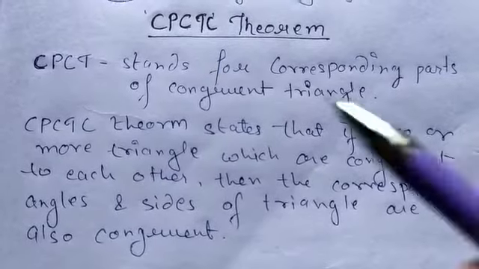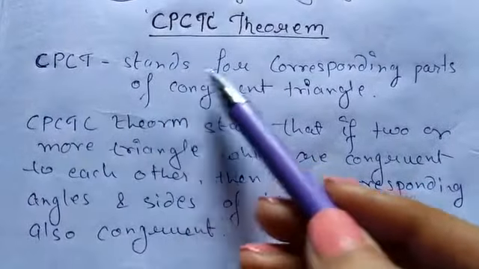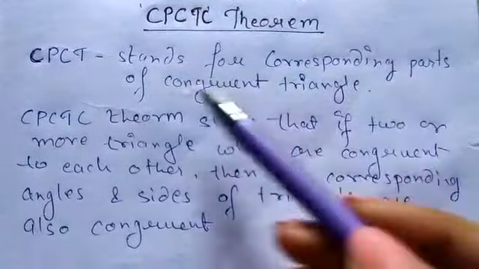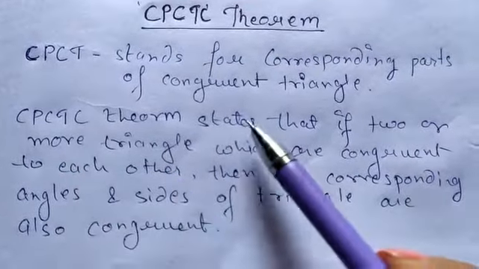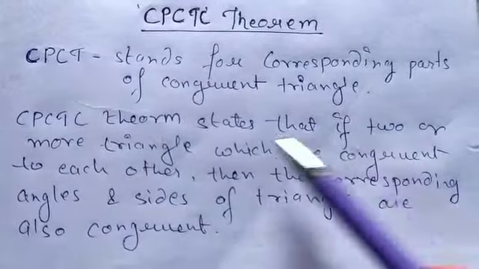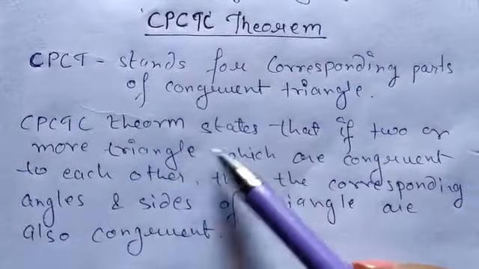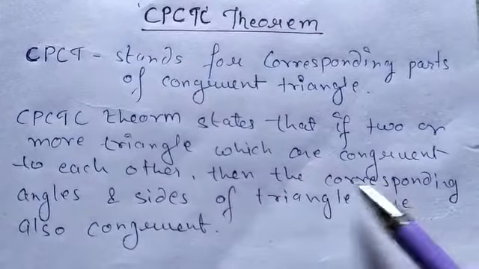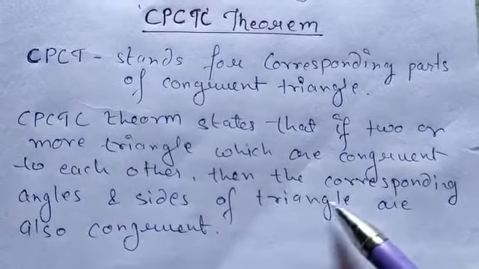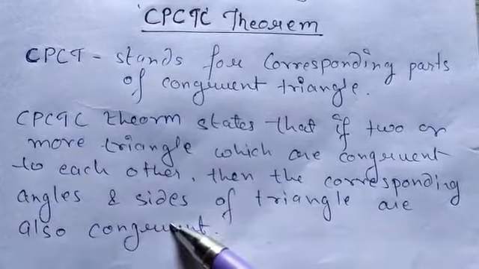CPCT theorem. CPCT stands for corresponding parts of congruent triangles. The CPCT theorem states that if two or more triangles are congruent to each other, then the corresponding angles and sides of the triangles are also congruent.